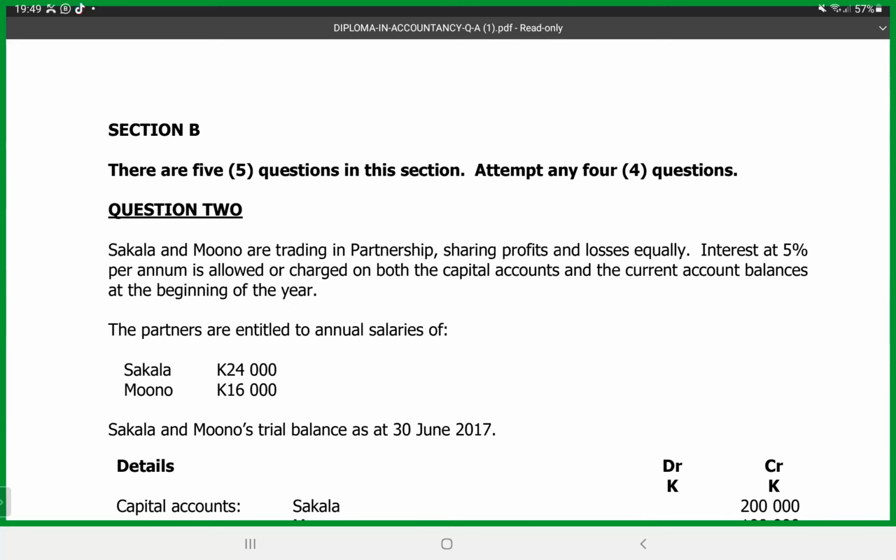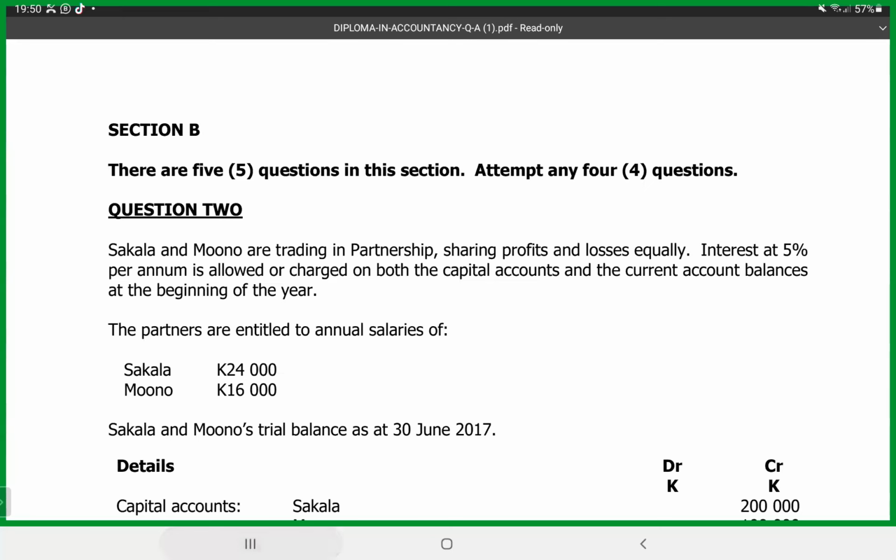Just the first part says, Sakala and Mono are trading in partnership, sharing profits and losses equally. So they are supposed to share half of the residual profit.